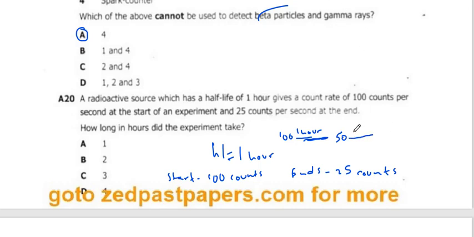After another hour, these counts dropped to 25, and that is where we ended. So how long has it taken for these counts to drop to 25? It has taken 2 hours. This 1 hour there and that 1 hour there, and therefore it has taken 2 hours, which is option B.